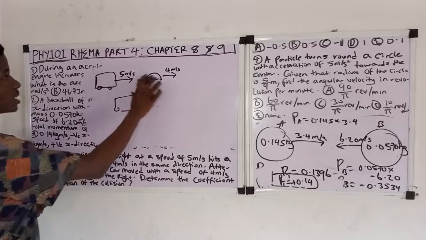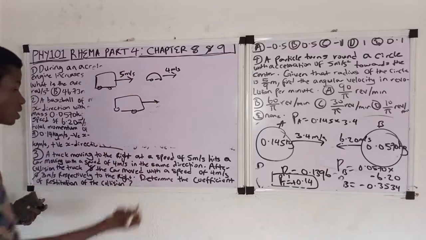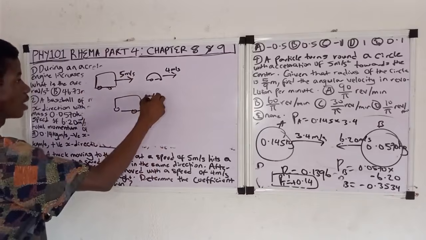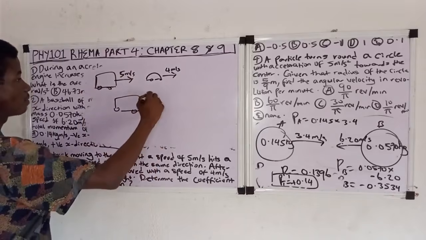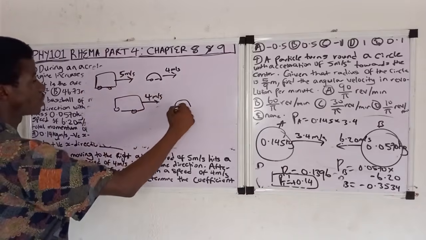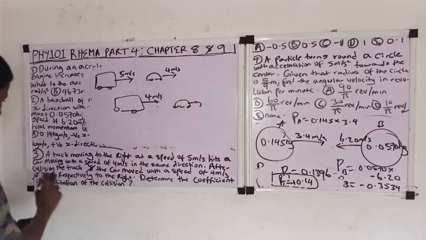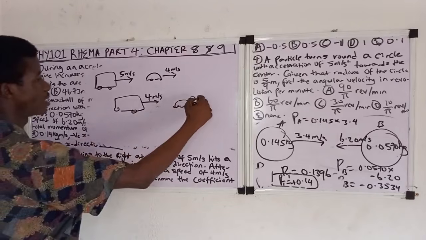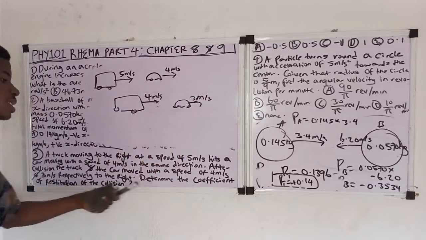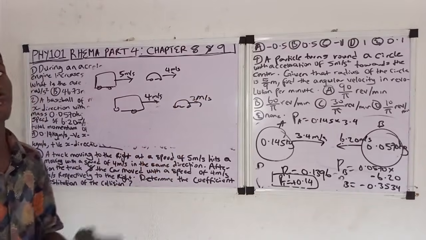So after the truck hits the car, the truck starts moving with a speed of 4 meters per second, while the car starts moving with a speed of 3 meters per second, right? They said determine the coefficient of restitution of the collision.